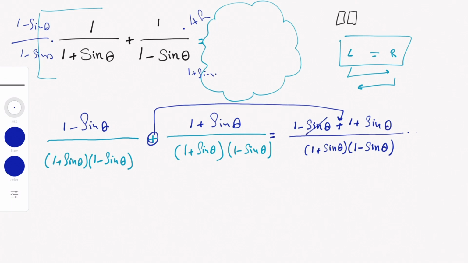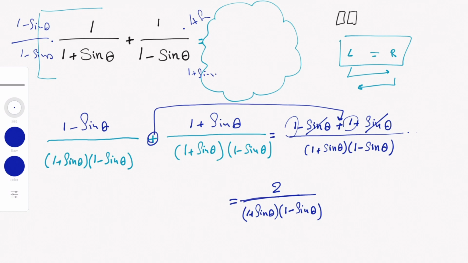Minus sine theta plus sine theta will go away. We get 1 plus 1 is 2, divided by 1 plus sine theta times 1 minus sine theta. So we got to this level.